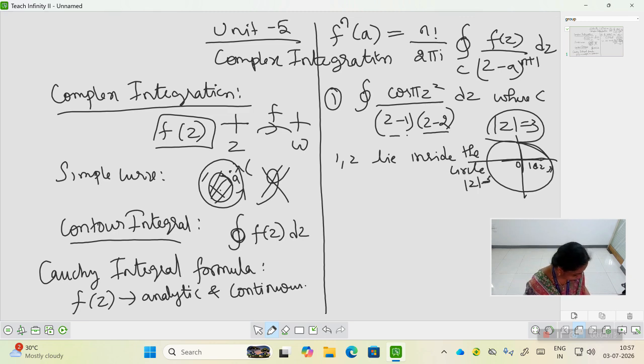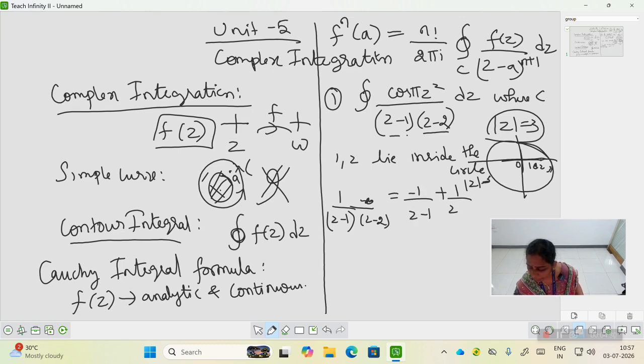Now using partial fractions, we split 1 divided by (z minus 1)(z minus 2) into minus 1 by (z minus 1) plus 1 by (z minus 2). Now I multiply by cos pi z squared and integrate as per the given problem.